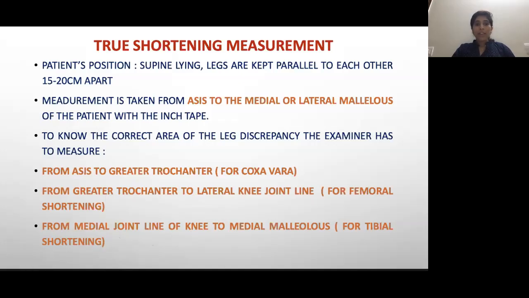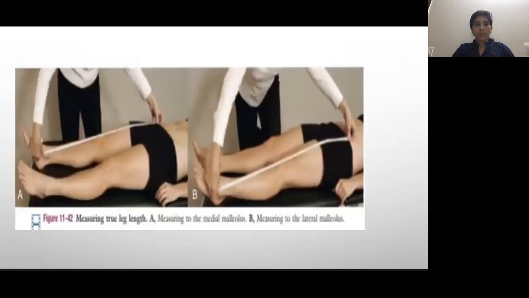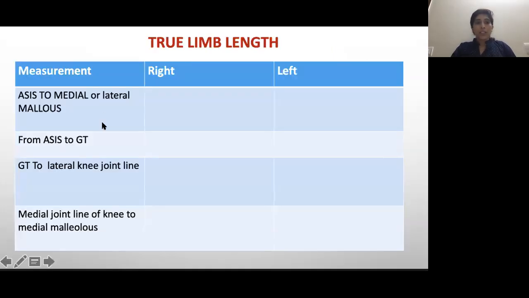Okay, I'll repeat again in table form. Here we can see the measurement should be taken from the ASIS to the medial or lateral malleolus, and if the examiner finds any discrepancy, then he'll take the segmental limb length, that is from the ASIS to the GT, the greater trochanter, then greater trochanter to the lateral knee joint line for femur shortening, and from the medial joint line of the knee to the medial malleolus to check for tibial shortening.